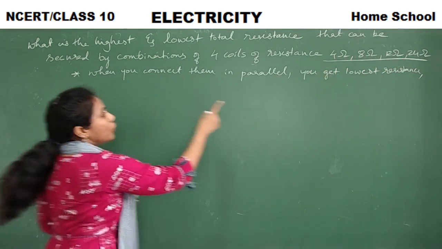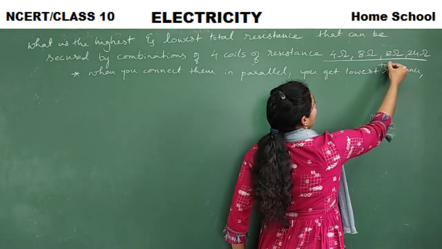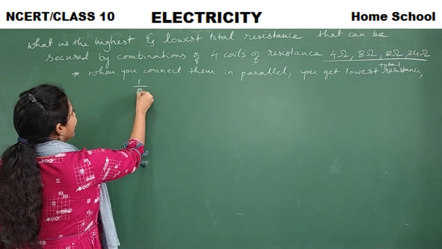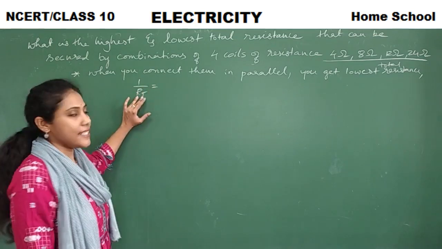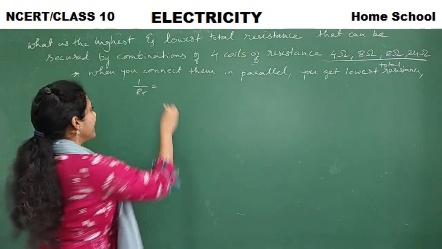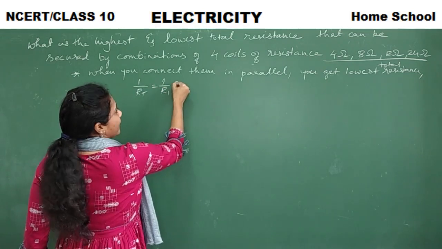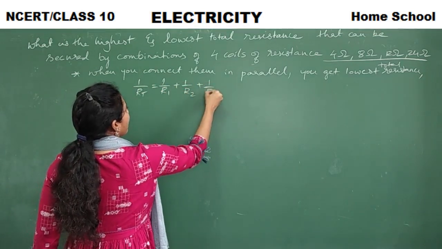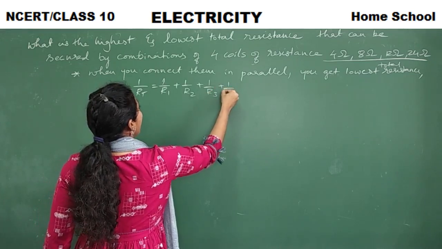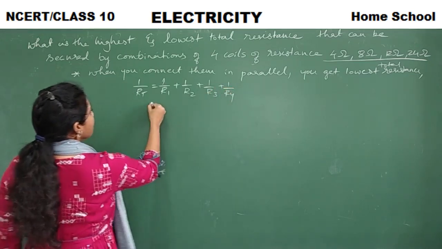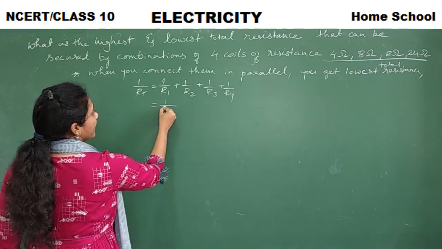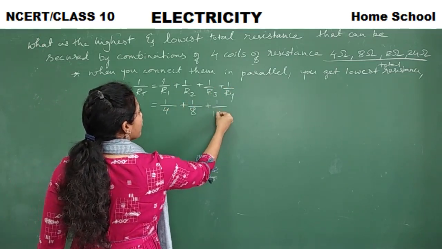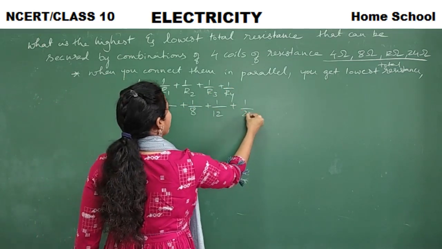So lowest total resistance. Now let us calculate 1 by RT. How do you calculate the total resistance in parallel? It's 1 by RT is equal to 1 by R1. How many are there? 4, right? 1 by R2, 1 upon R3 plus 1 upon R4 is the formula. Now substitute the values: 1 by 4 plus 1 by 8 plus 1 by 12 plus 1 by 24.